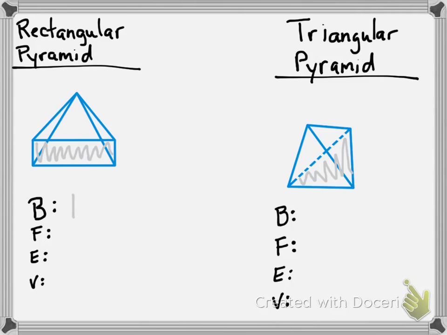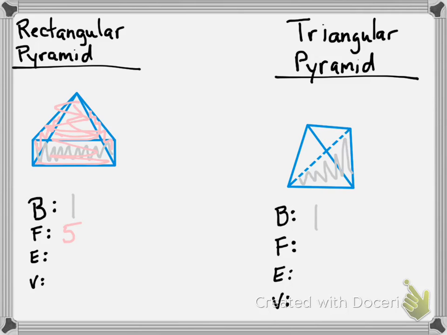Okay? And then looking back at the rectangular pyramid, I'm looking for the faces. So I've got the 2 sides on the top. That's 1, 2, and the base is on the bottom. That's 3. And then the back side, that's 4, and then the front side. So that's 5 faces.